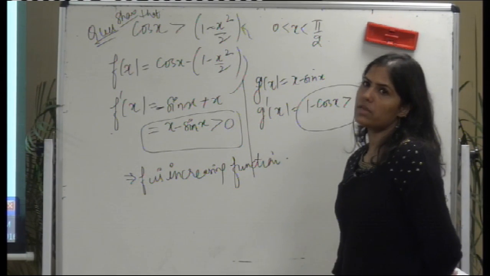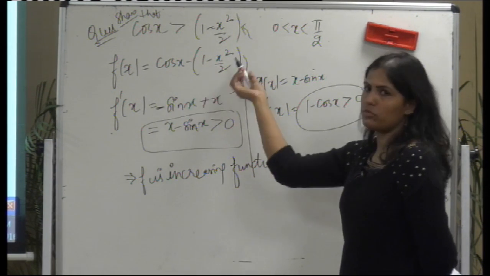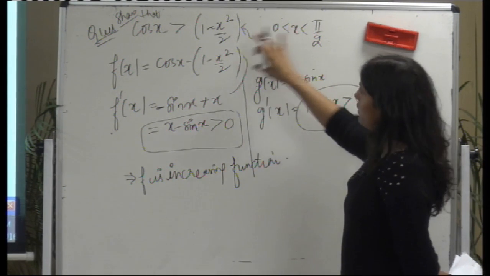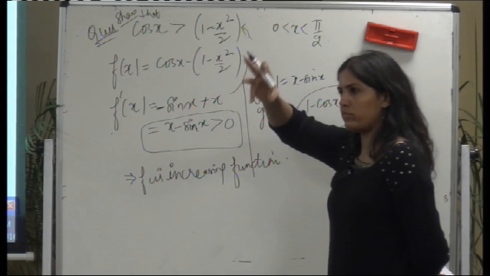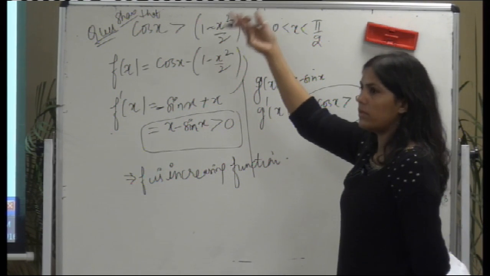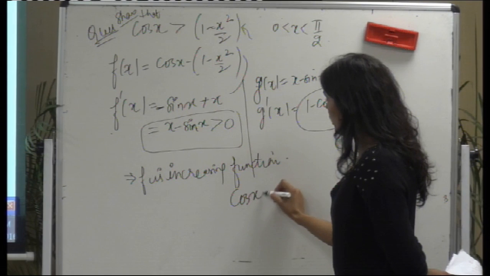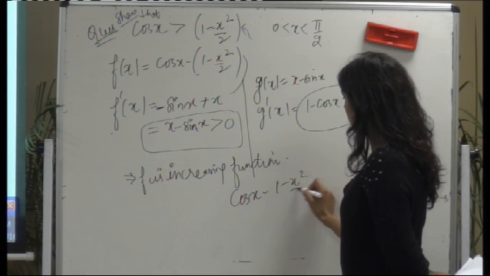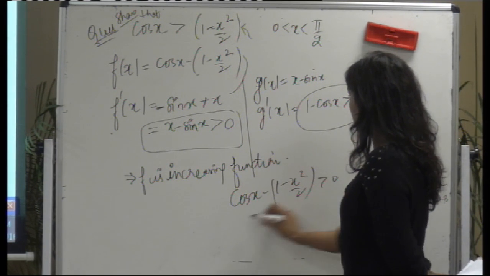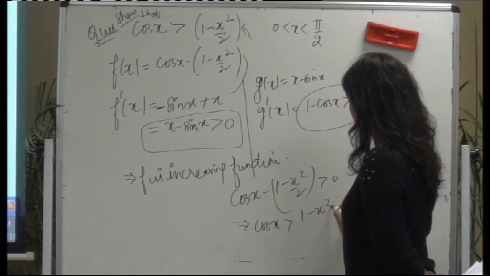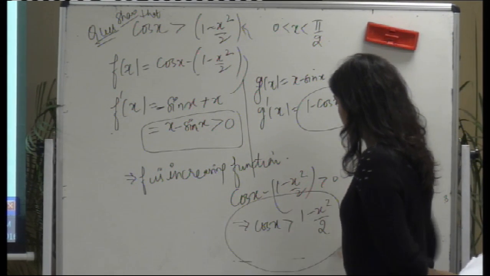So f is increasing means that whichever value you take in this interval, f of the greater value will always be greater than f of the lesser value. So this implies cos x is greater than, is it fine?